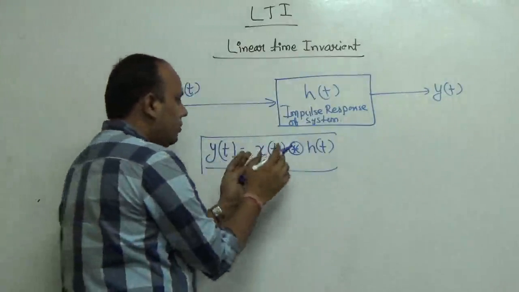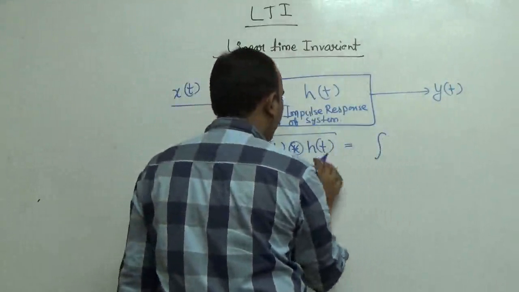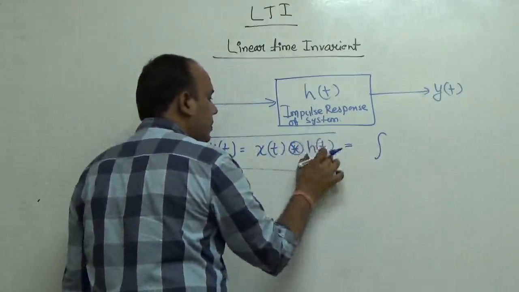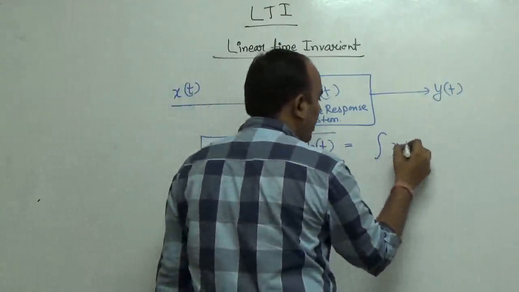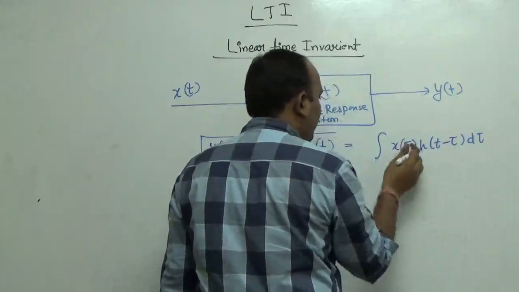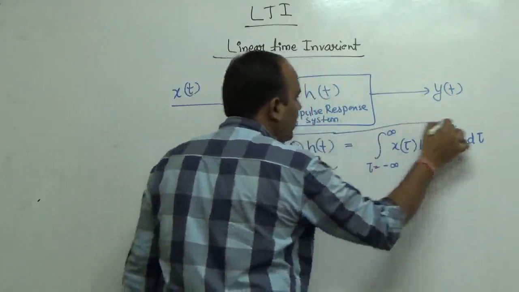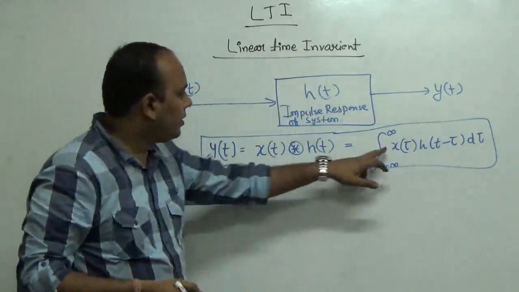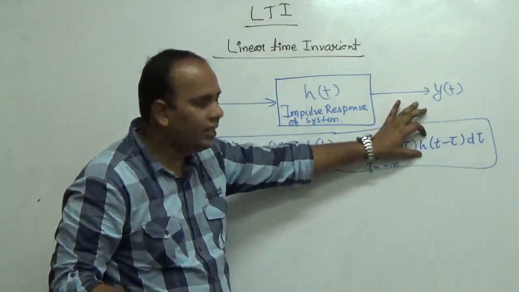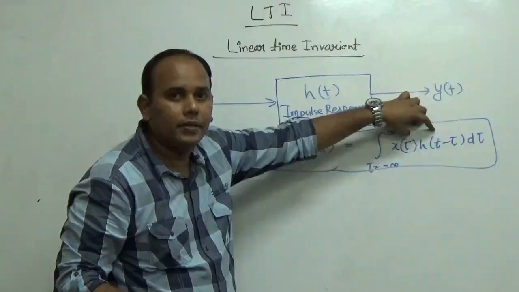The convolution between x(t) and h(t) is an integral of x(t) and the time shifted version of h(t): the integral of x(tau) h(t minus tau) d tau, where the limits of tau are minus infinity to infinity. So the physical meaning of convolution is the integral of x(t) with a shifted version of h(t), that is, we have to find the area of this particular part.